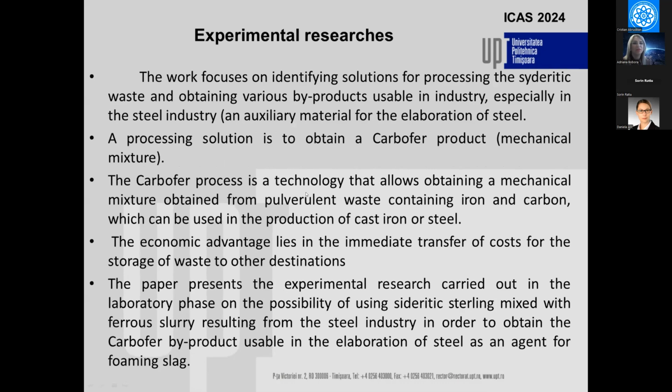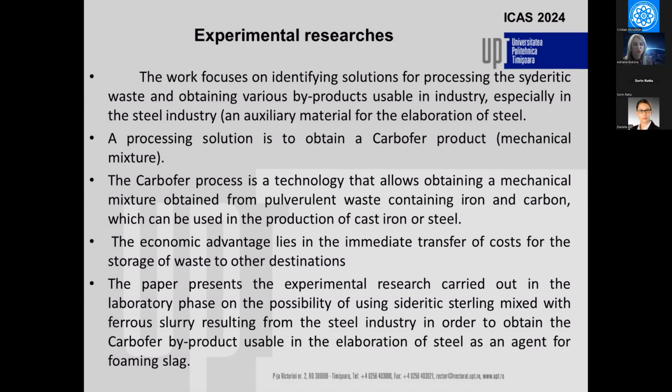The work focuses on identifying solutions for processing the sideritic waste and obtaining various byproducts usable in the industry, especially in the steel industry, and auxiliary material for the elaboration of steel.